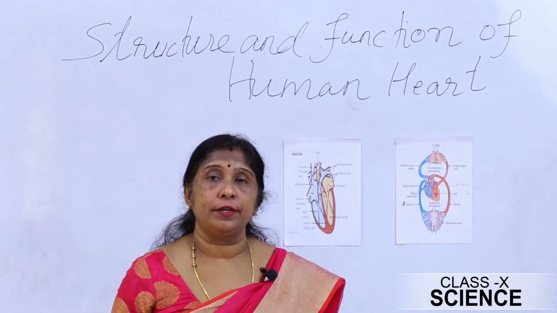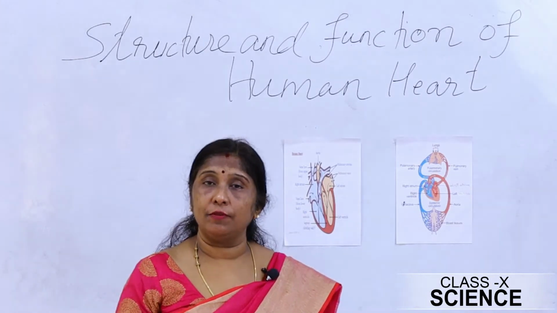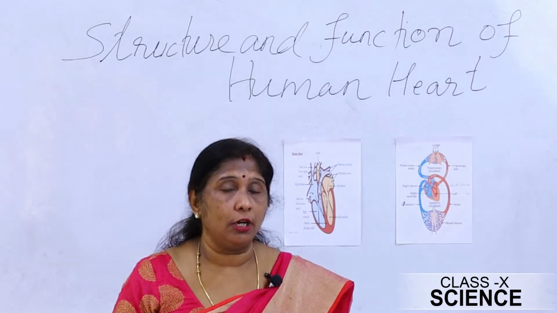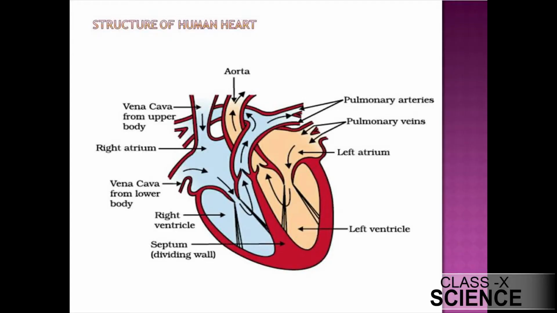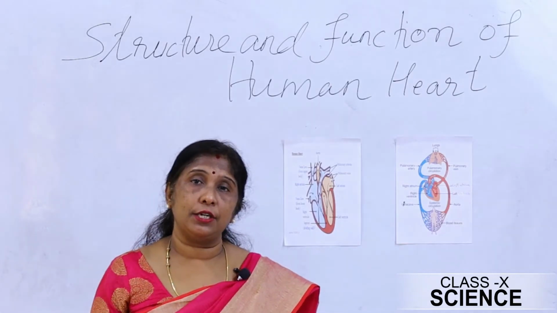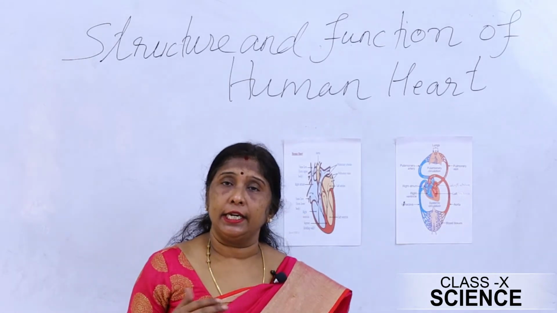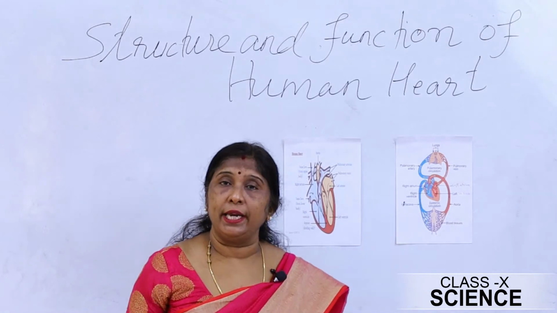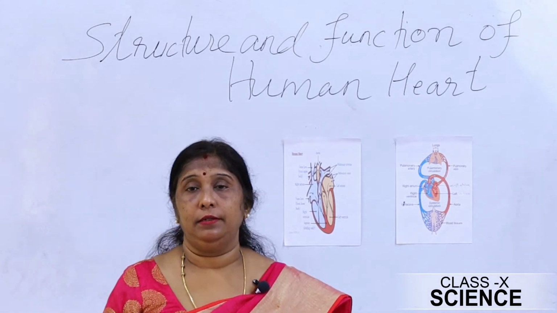There is repeated contraction and relaxation of the heart muscles. The relaxation of the heart muscles is called diastole, and the contraction is called systole. This goes on continuously, and it makes up the cardiac cycle.